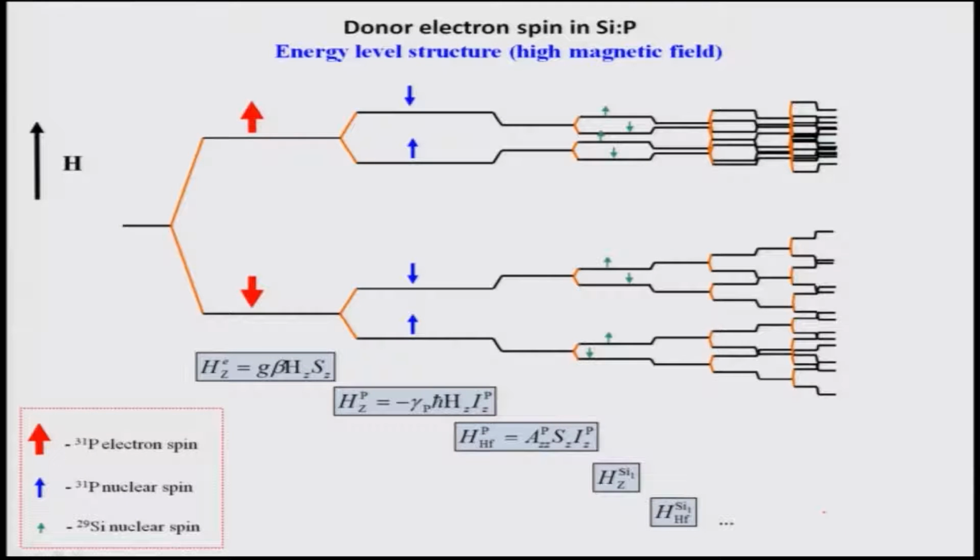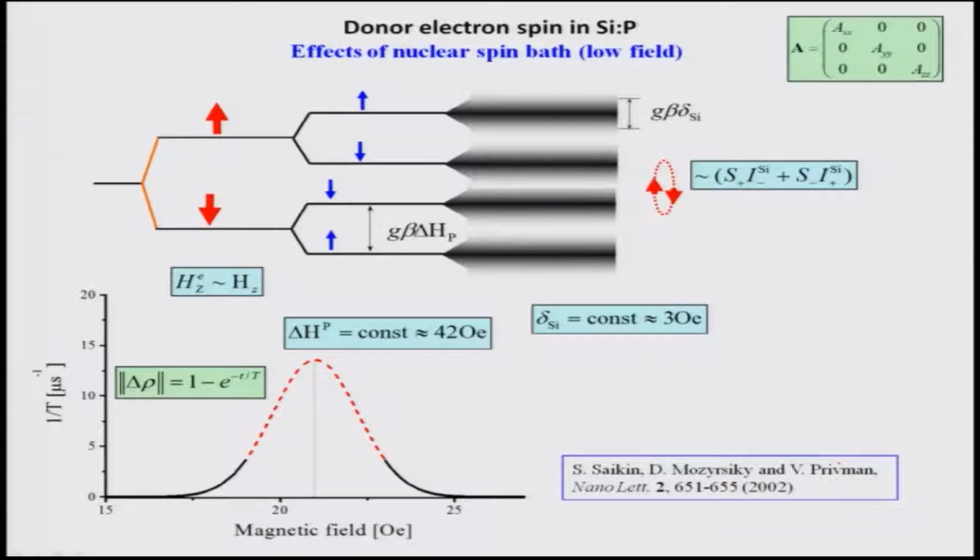So the energy level structure under the high magnetic field results in this kind of splitting into different terms, where the interaction finally is left to the hyperfine part, which is going to do most of the job here, and so the donor electron part in this case is going to interact.